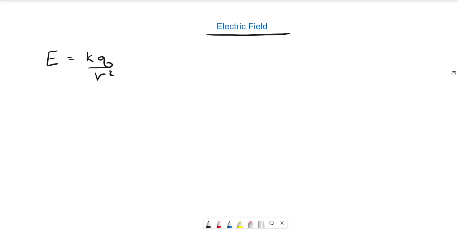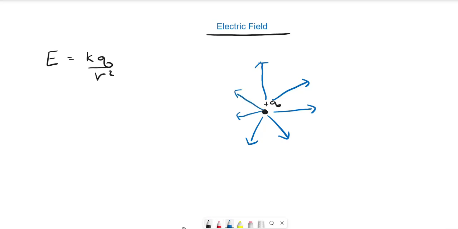It has its own electric field, just like any mass has its own gravitational field. So if we have a positive charge here, the electric field is going to have electric field lines coming off of it and moving away from the charge.